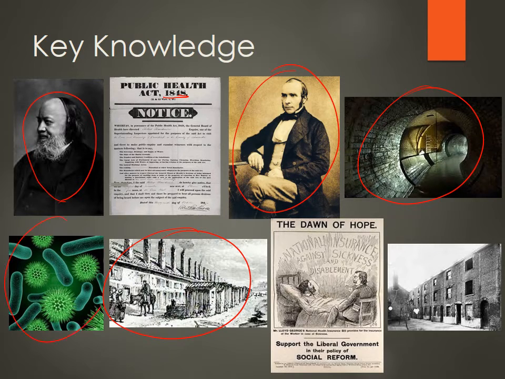Then we have germ theory of 1861. Once Louis Pasteur discovered germ theory, we were able to understand what was causing illness, and therefore that's going to be part of our understanding of why public health either was or wasn't changed. The 1875 Public Health Act, we can see the situation of the housing and conditions and so on. And then between 1906 and 1914, we have the Liberal Reforms.